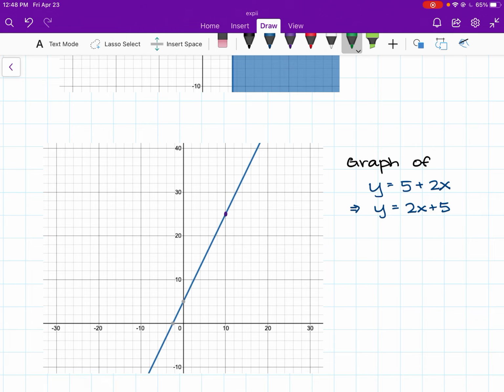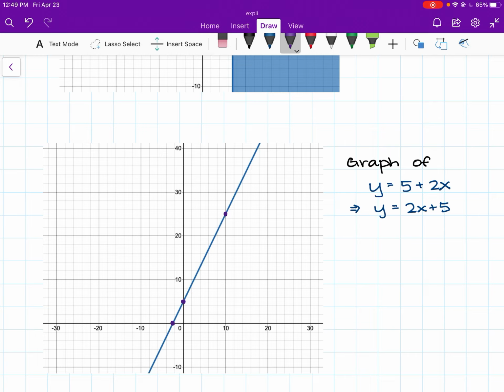We have the graph of y equals 5 plus 2x, or you can also write y equals 2x plus 5 in slope-intercept form. We can see here that we have the y-intercept, we have the x-intercept, and we just have a random point here. But this is the line y equals 2x plus 5.